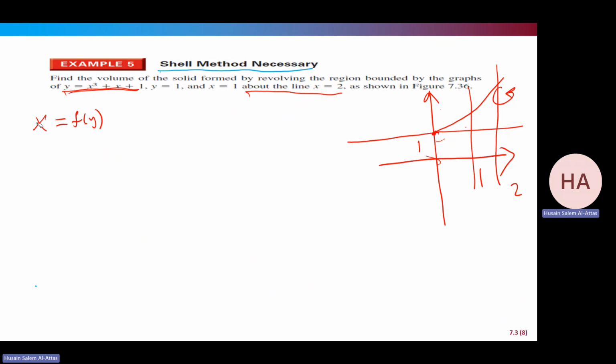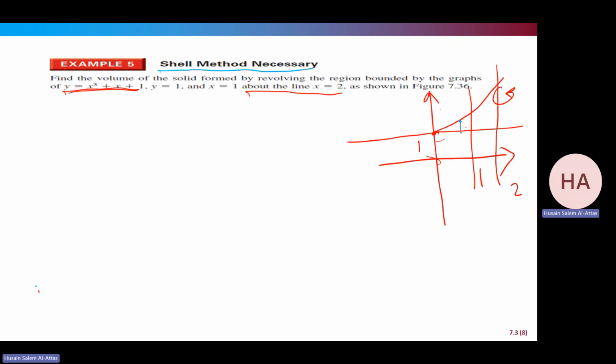It means I need to take the line parallel to the axis of revolution. As I said, if I take it this way, I need to write everything in terms of y, which will make it complicated. But if I take it this way, it will be easier.